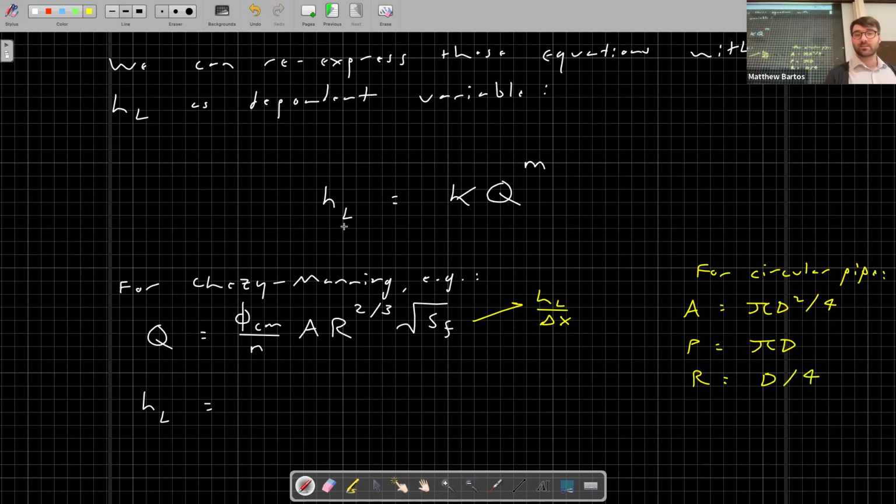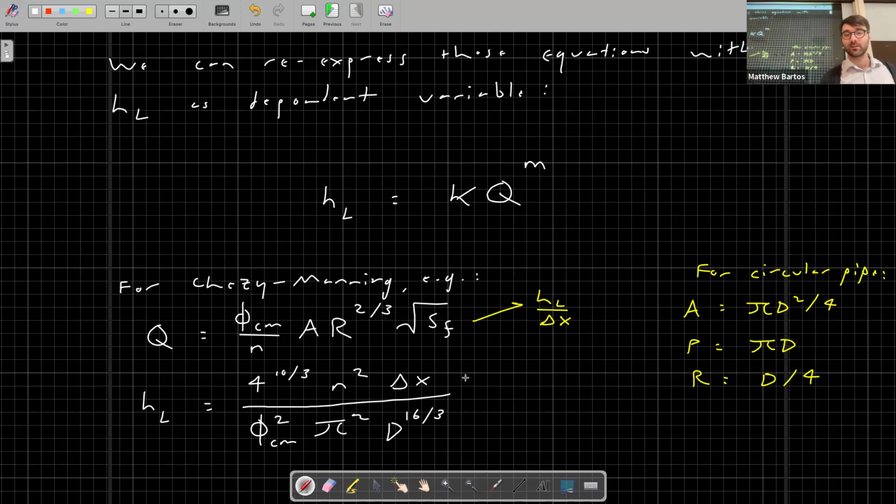So if we apply this to a circular pipe and rearrange it for the head loss, we get 4 to the 10/3 times the roughness squared times the length of the pipe divided by our Chezy-Manning unit coefficient squared divided by pi squared divided by the diameter to the 16/3 power, all times the discharge squared.